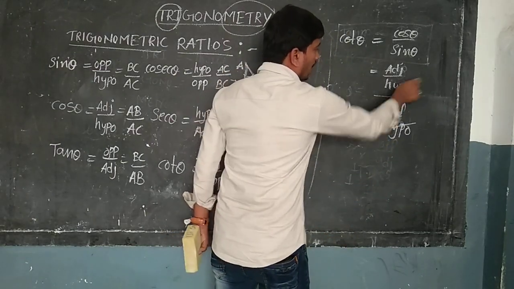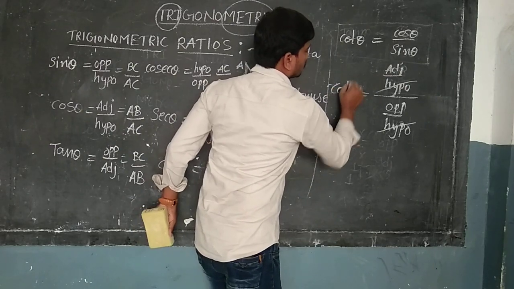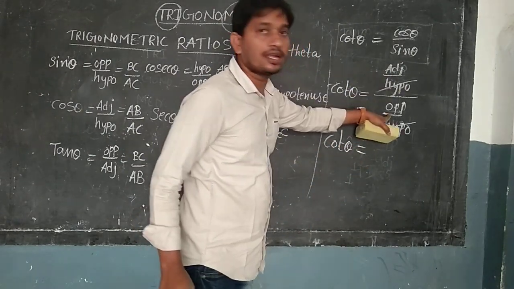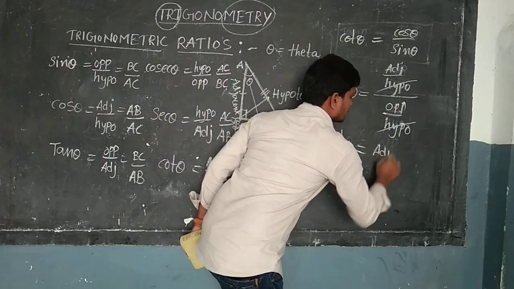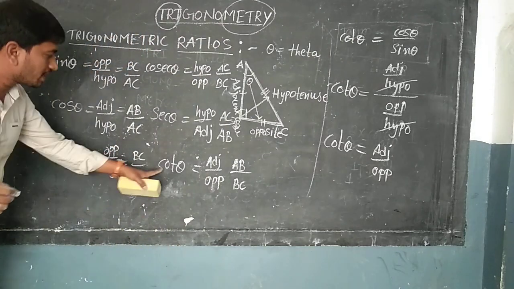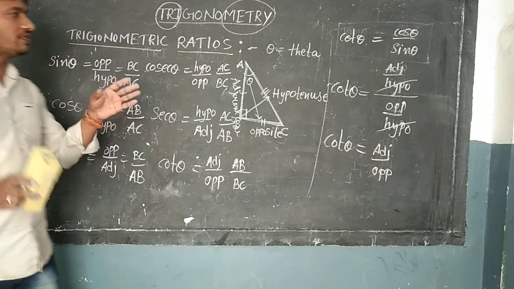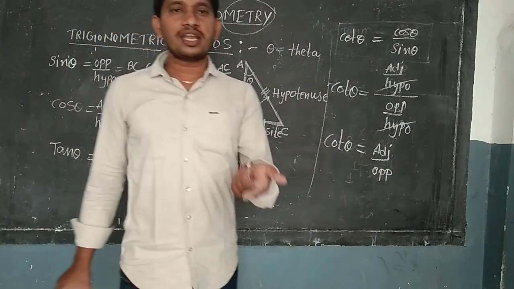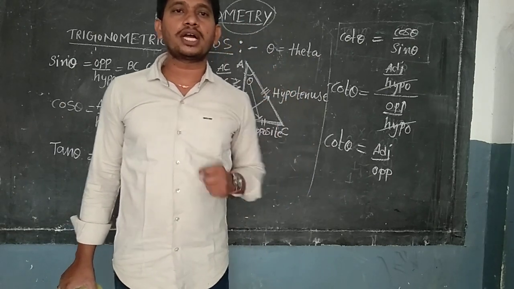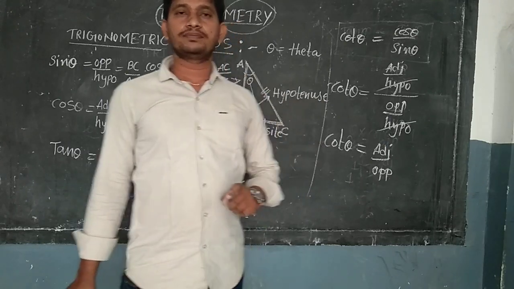So I can cancel hypotenuse. So what did we get? We got cot theta as adjacent by opposite. So from this we understood tan theta we can write as sin theta by cos theta, and cot theta we can write as cos theta by sin theta.